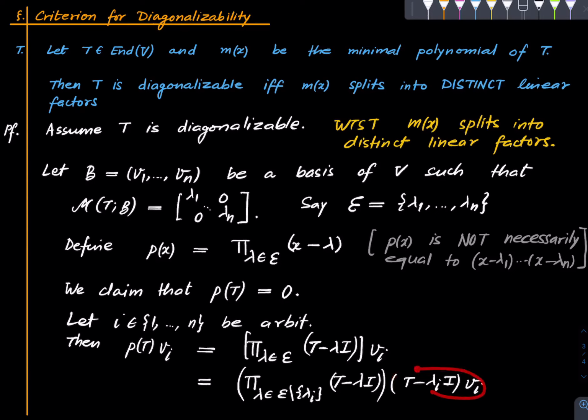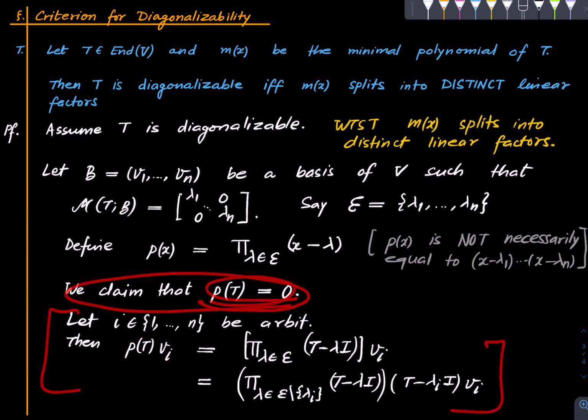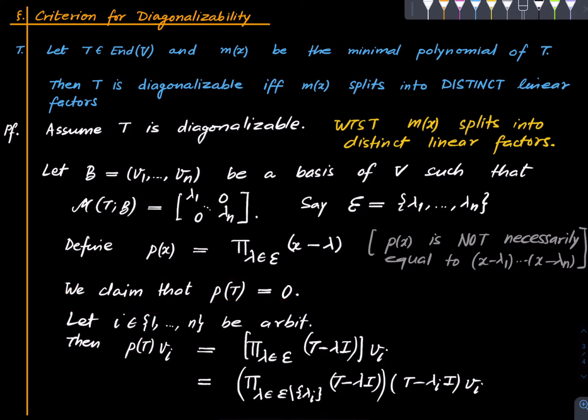This is 0 simply because of this matrix. So that's the proof that P(T)(v_i) is 0, and therefore P(T)(v_i) is 0 for all i, and hence P(T) is indeed 0. So this is just a justification for this claim. You can justify it in whatever way you like. Okay, so we have that, and therefore m_T(x) divides P(x).